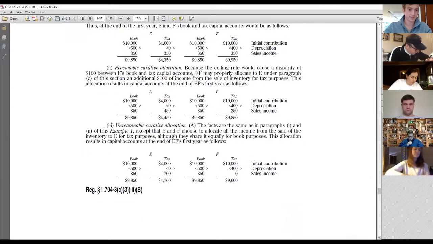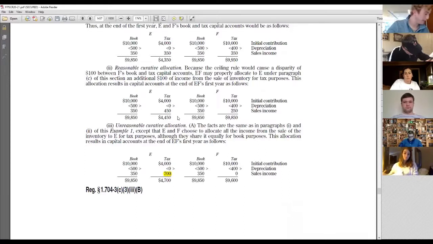So unreasonable here, they say, well, you can't overcure. So again, here they've cured by giving all 700 to E, which is not appropriate because they've done more than cure. They've gone too far.